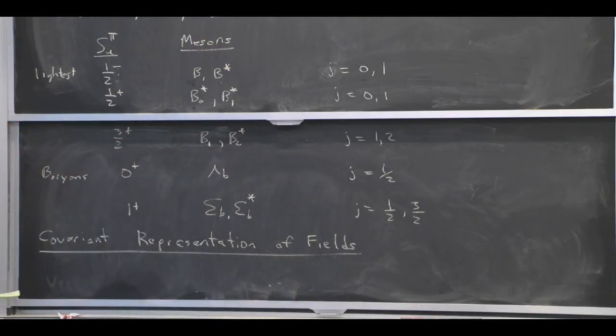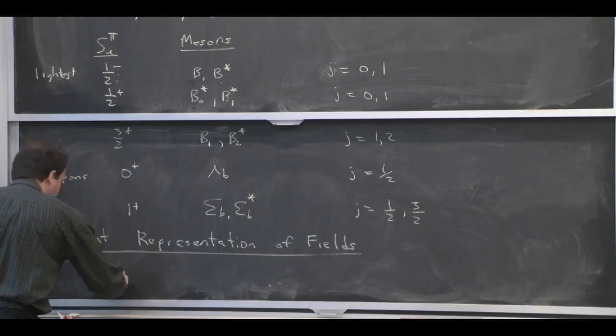So we're going to see how to make heavy quark symmetry predictions by building up some object that has good transformation properties. And this is, in general, a more general lesson. If you have a symmetry and you want to make some predictions that are just based on that symmetry, then you want to think about how things transform, and you can do tricks like the ones I'm going to show you.